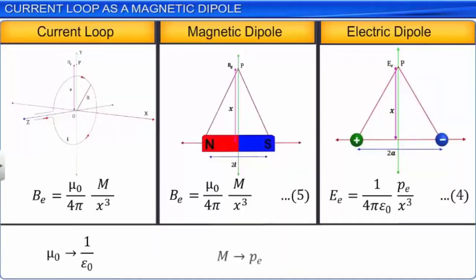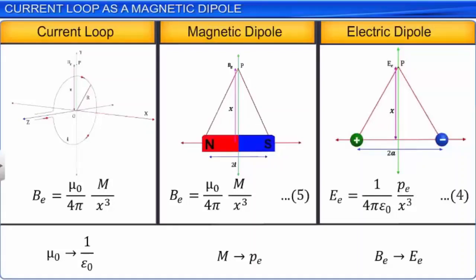M is analogous to p. That is, the magnetic dipole moment is similar to the electric dipole moment. And B is analogous to E. That is, the magnetic induction is similar to the electric field intensity.